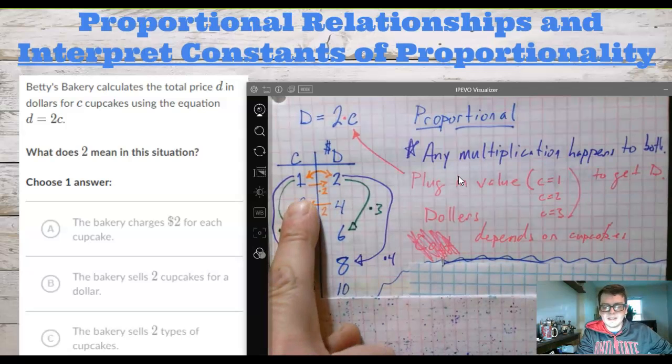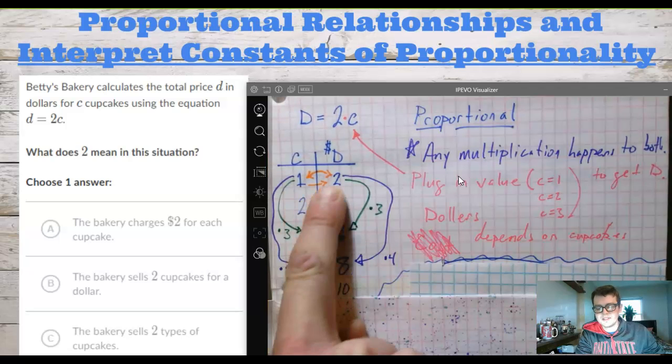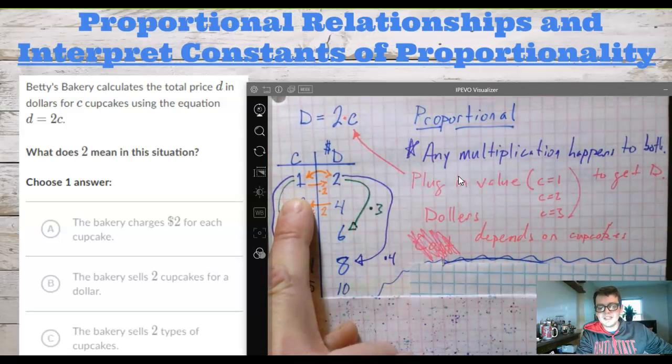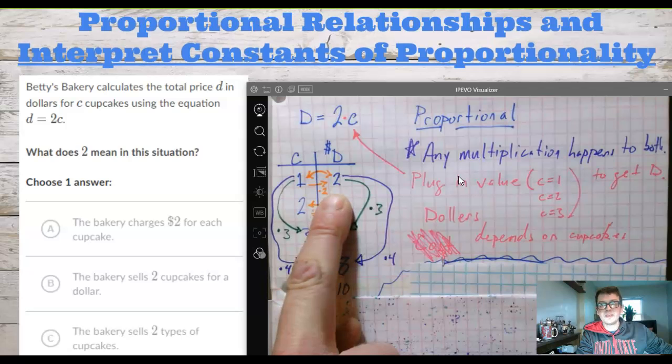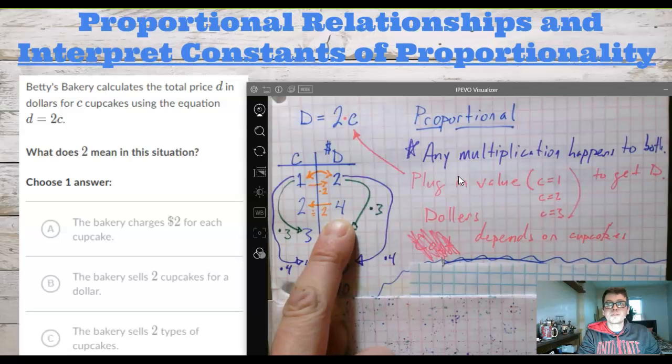Notice that my left-hand column is C, and my right-hand column is D. When C is 1, D is 2. When C, the cupcakes, is 2, D is 4. Now you might wonder, how am I getting these values, right?